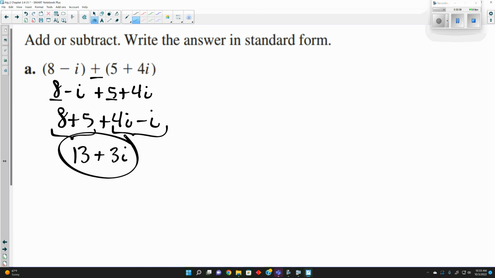The only time we'll have to do something is if i gets a power greater than 1. Because i cannot have a power greater than 1. Because that would be the equivalent of leaving your answer as like the square root of 36 squared. No, that can simplify down. We're going to simplify it down.